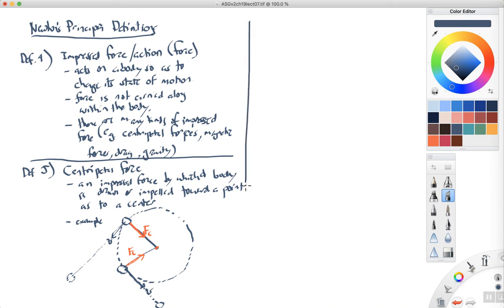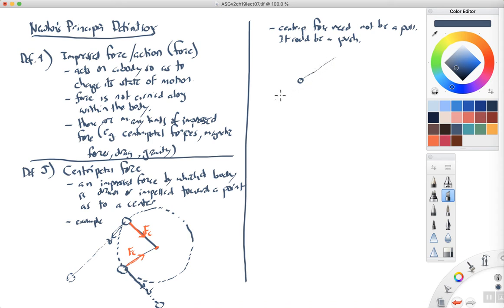It's important to recognize at this point that a centripetal force need not be a pull. It could be a push. For example, let's suppose, once again considering a top view, that you have a hockey puck sliding along in a straight line.